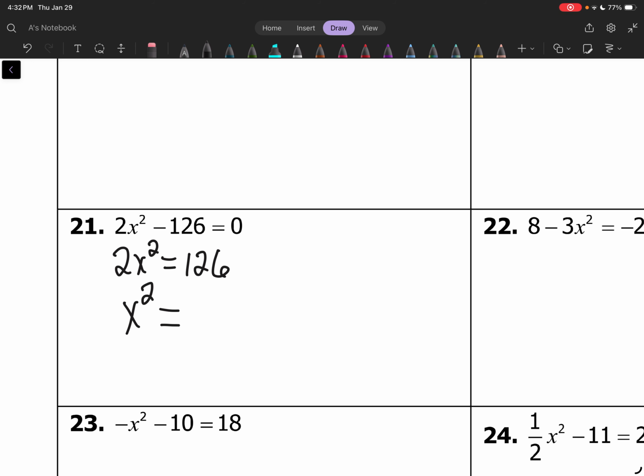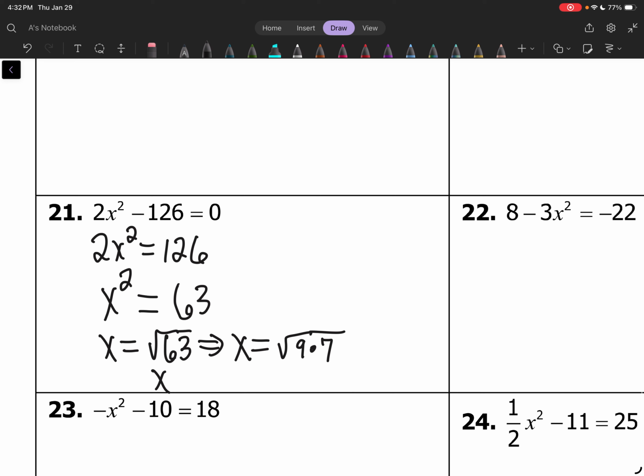X squared is equal to 63. Take the square root of both sides. All right, let's break down the square root of 63. This is 9 times 7. So x is equal to plus minus 3 square root 7.